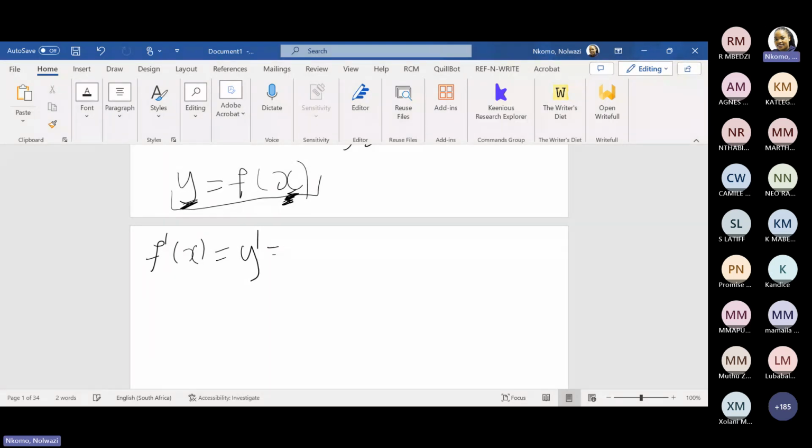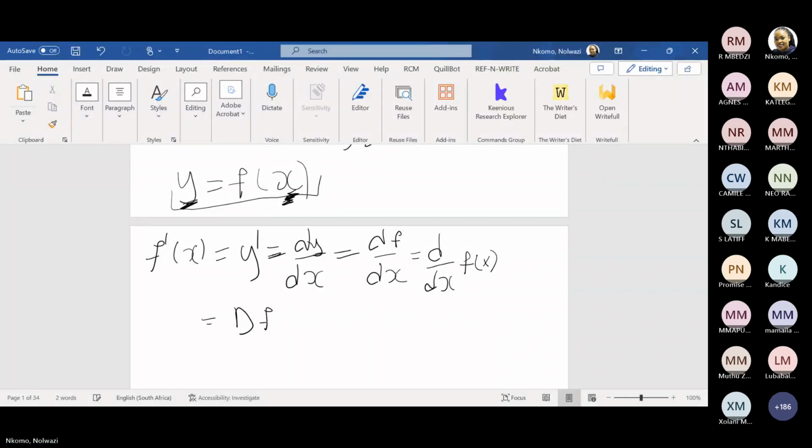Or some books use dy over dx. Again, this is the same thing as df over dx. Again, you can write d over dx of f at x. Or you can write this as d f at x. Again, some books use this notation, d/dx f of x.